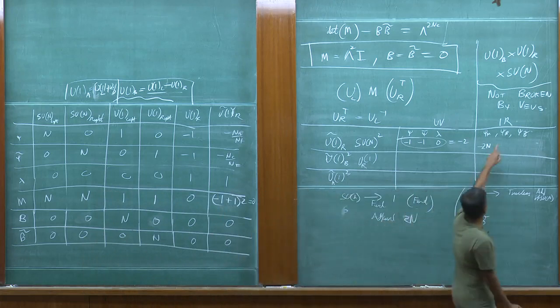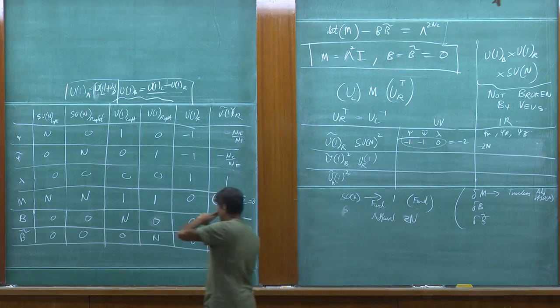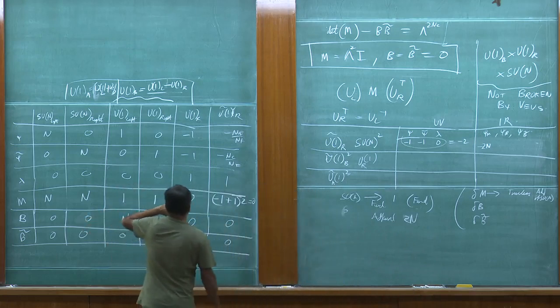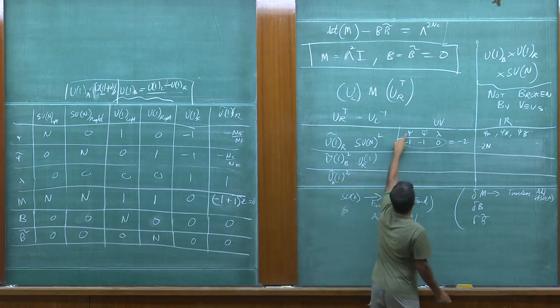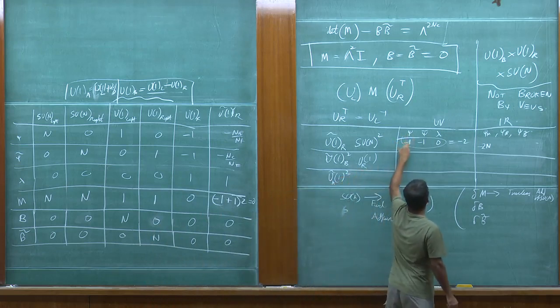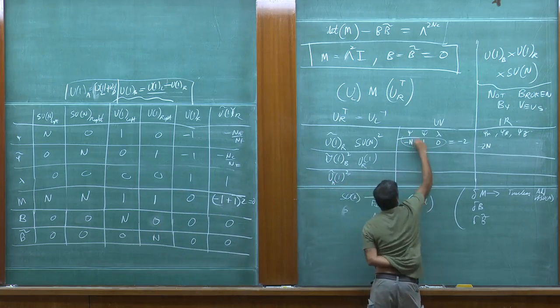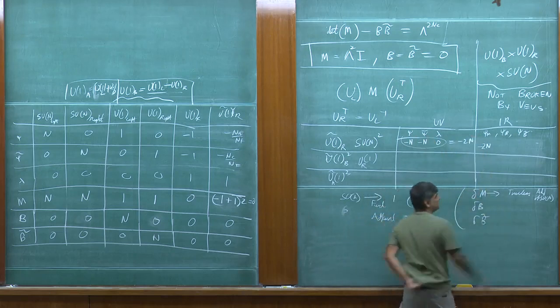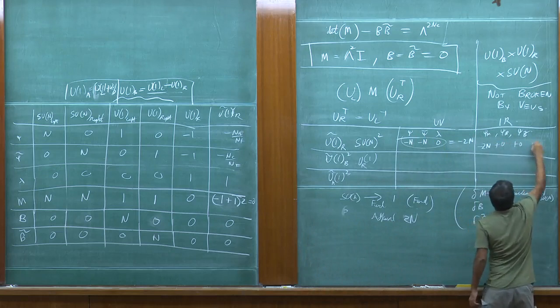Now let's look at B. This guy will not contribute at all. I'm sorry, here I forgot that each psi has charge -1. But there were n of them, so this is -n, -n, -2n. This guy gets +0, +0, so we get 0.